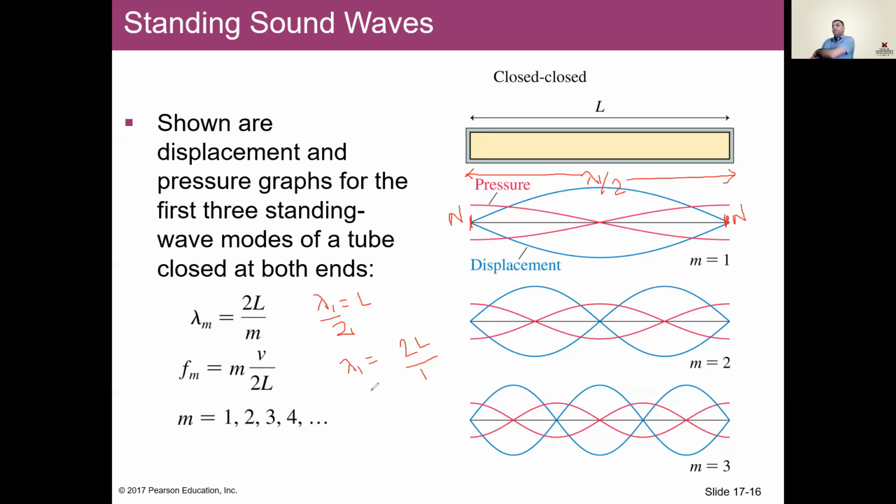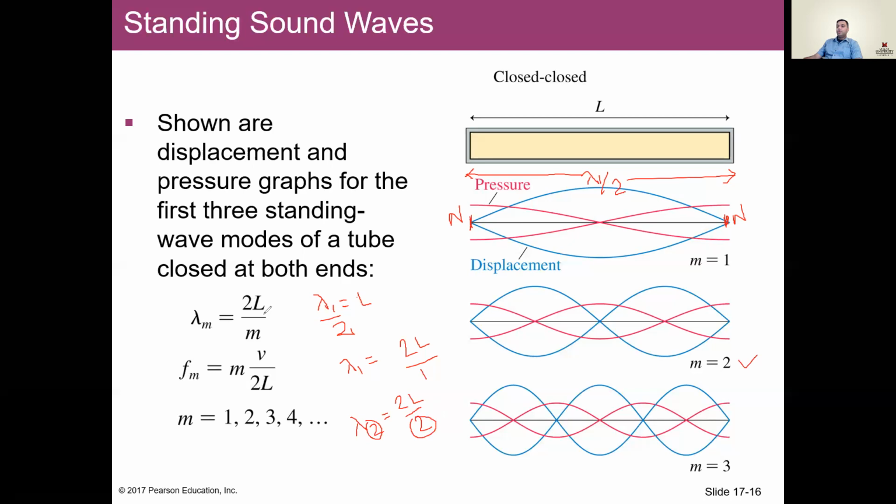Similarly, if you go to a higher order, m equals 2, your expression will be lambda 2 equals 2L over 2, and so on and so forth. If you go to 3, 4, 5, any of them, your general formula will become 2L over m. Whatever order you're looking at is showing up in the denominator.